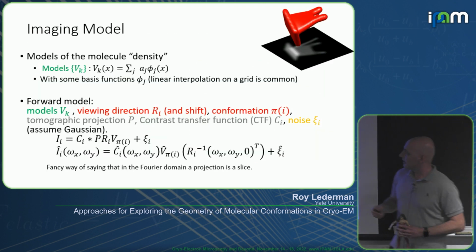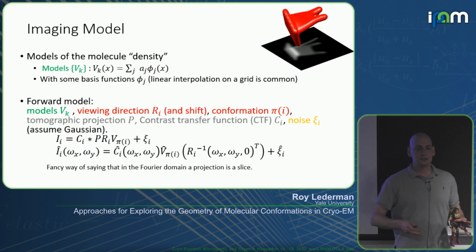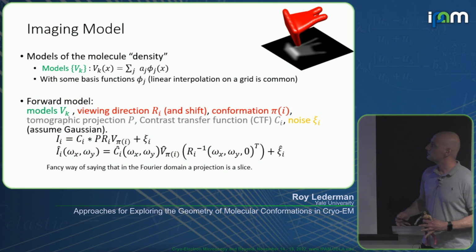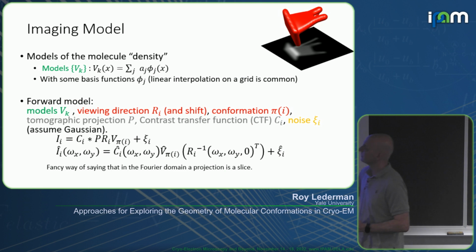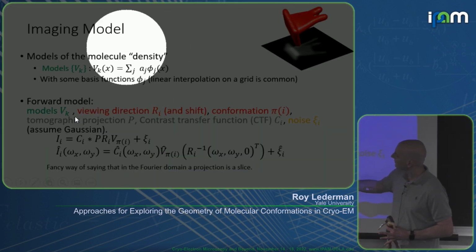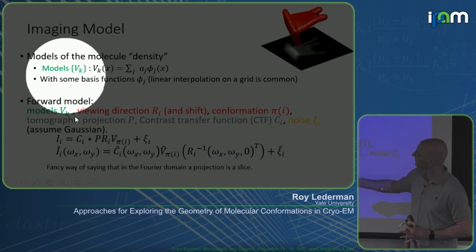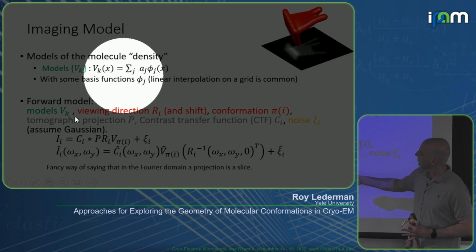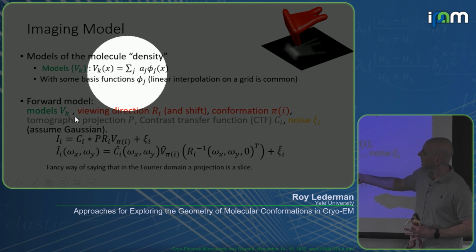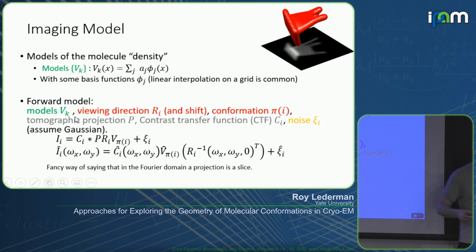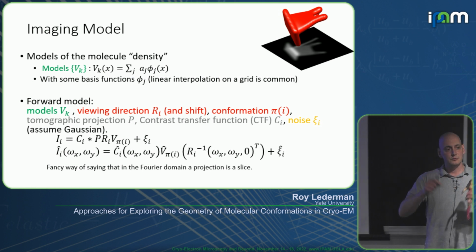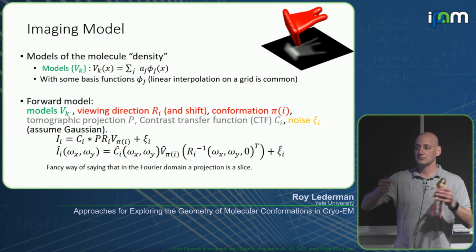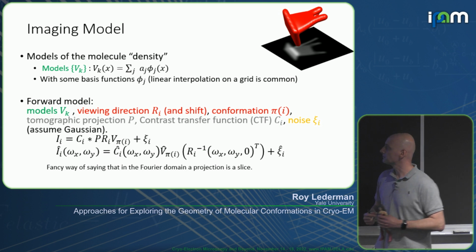And to put a little math on this, people talked about it, so I won't talk about it that much, but we have these multiple models here. Each one of them represents a volume. Each volume is a sum of some basis functions. In most algorithms, it shows up as a grid that we're interpolating on.